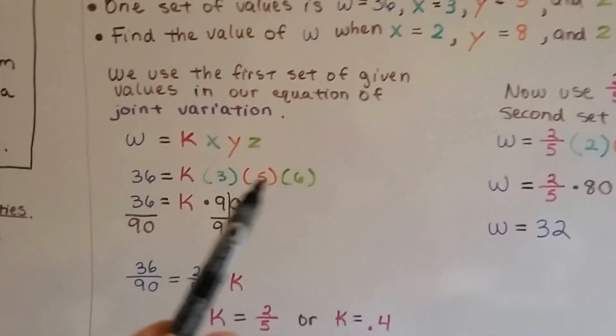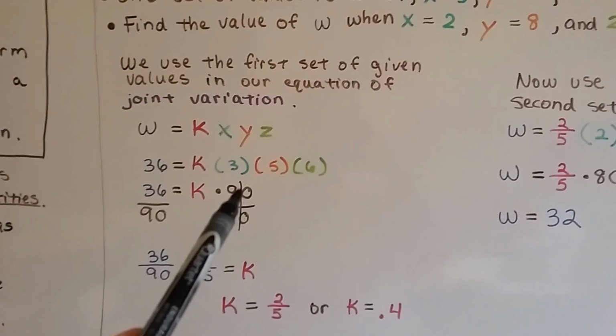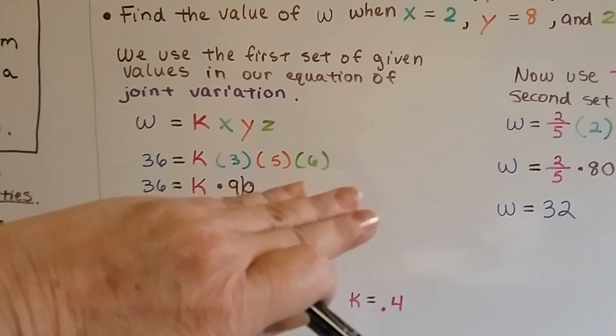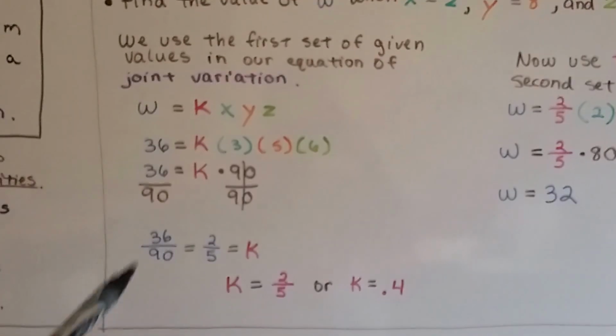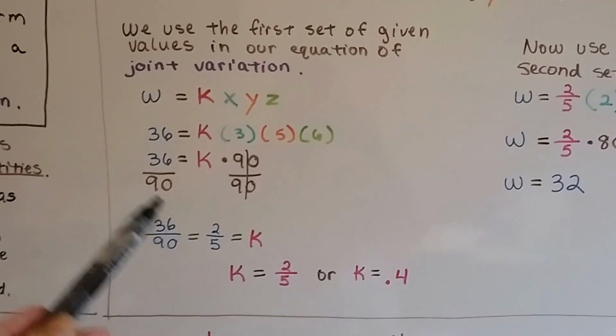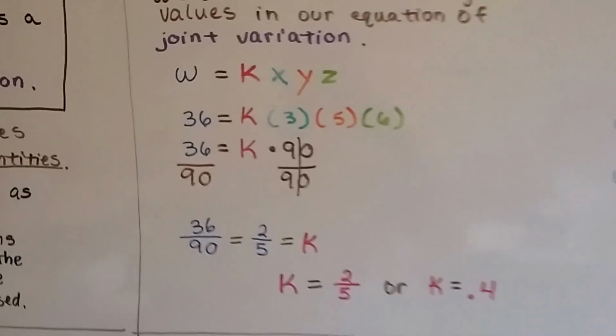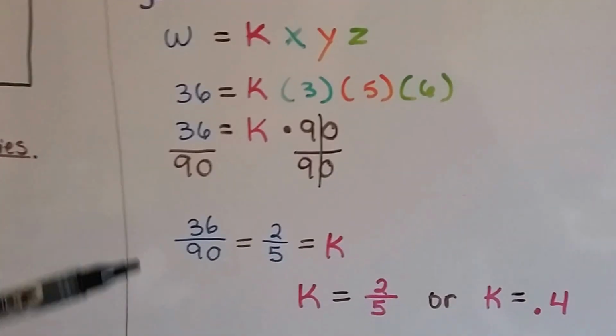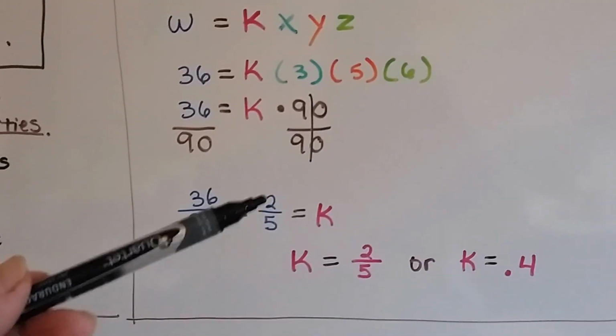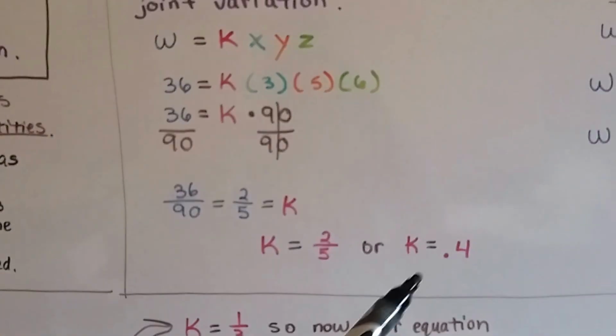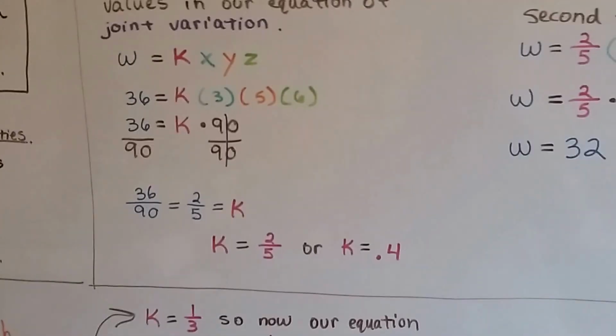And 5 times 6 is 30, times 3 is 90. So we've got 36 equals K times 90. We can divide both sides as an inverse operation to isolate K. We get 36 over 90 equals K. We can simplify that to 2/5, or we could simplify it to 4/10 if we want it as a decimal.